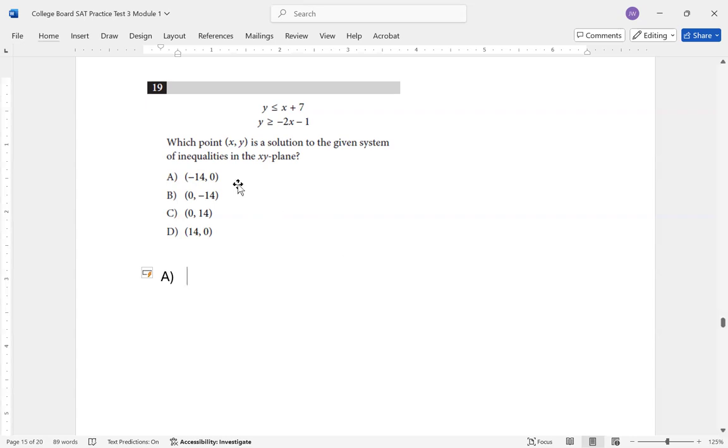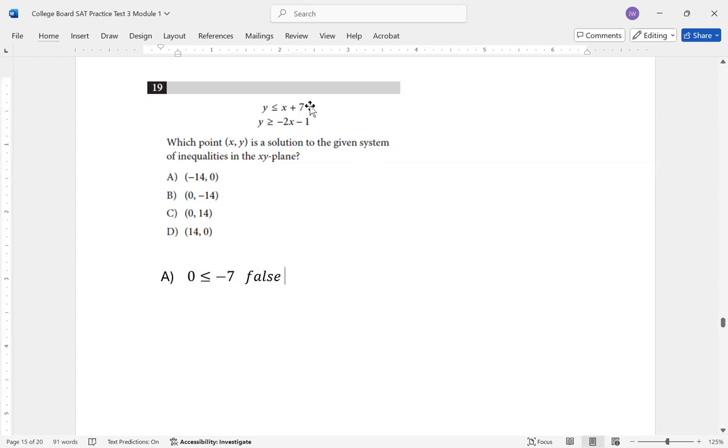So let's start with negative 14, 0. If I plug that into my first inequality, I would get 0 less than or equal to negative 14 plus 7, which is negative 7. That is actually false. So we know that A is not going to be the point.